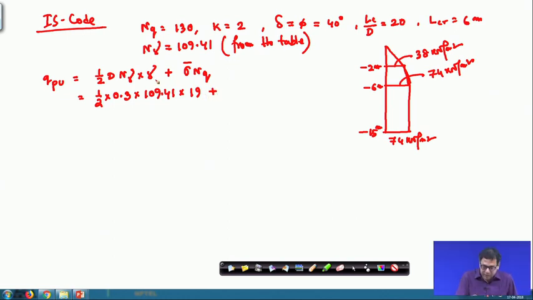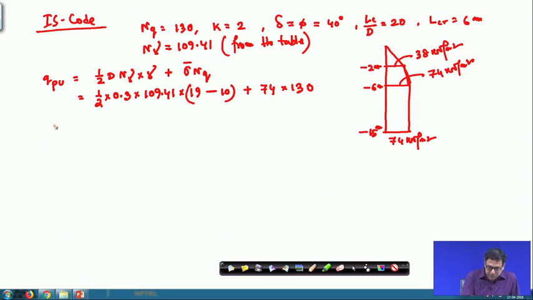So, this gamma is considered 19 minus 10, because it is under the submerged condition. So, then plus sigma bar is 74 into 130. Okay.